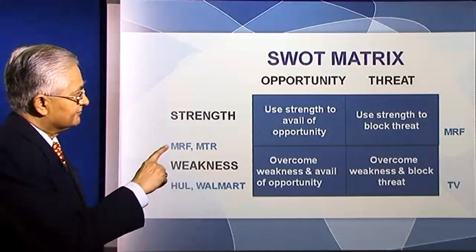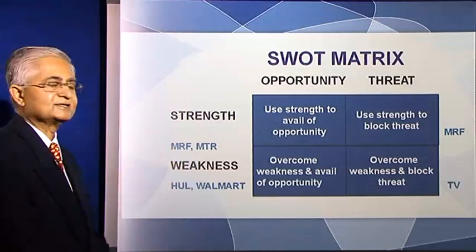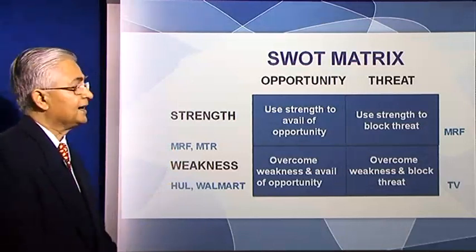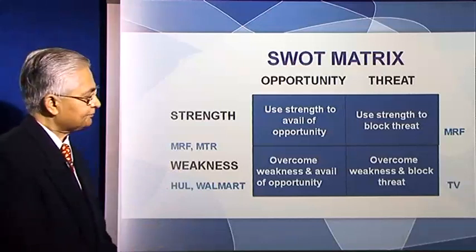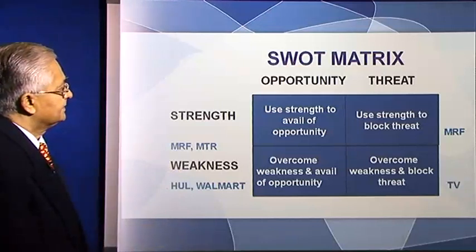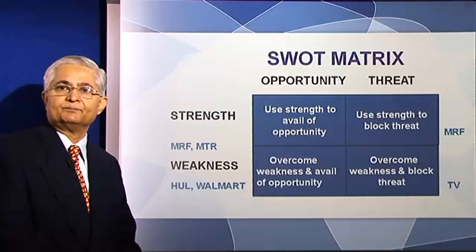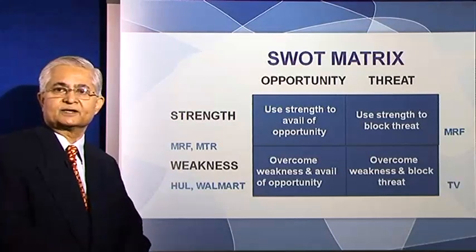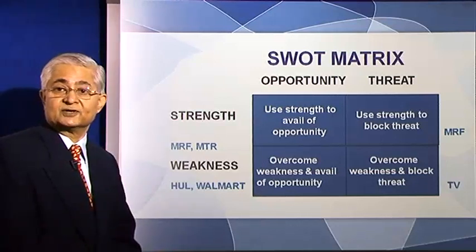These four methods of generating strategic options come up due to the SWOT matrix analysis. Let's look at some examples here, because that would make this whole concept of the SWOT matrix much clearer.